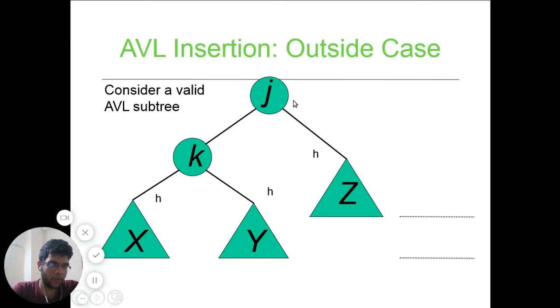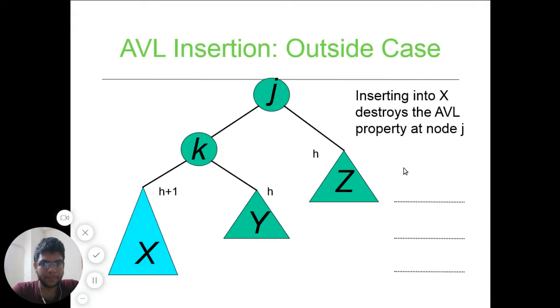The height of node j is the maximum of h plus 1 and h, plus 1, that is h plus 2. So the balance factor at node k is 0 and at node j is 1. So it maintains the AVL tree property, and x, y, z all satisfy the AVL tree property. We assume this is a valid tree.